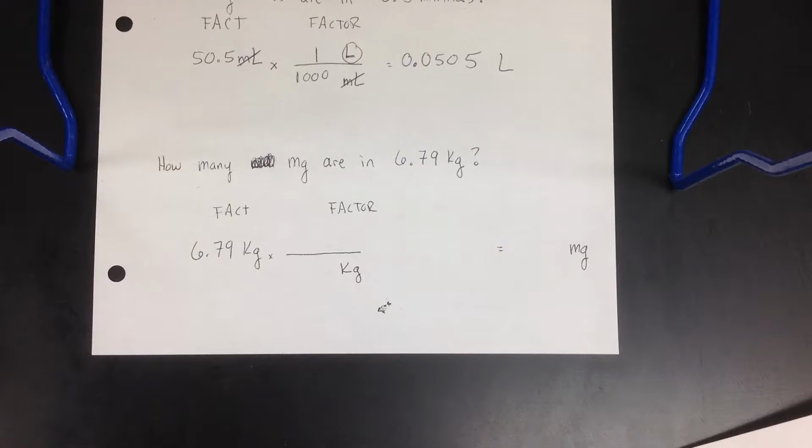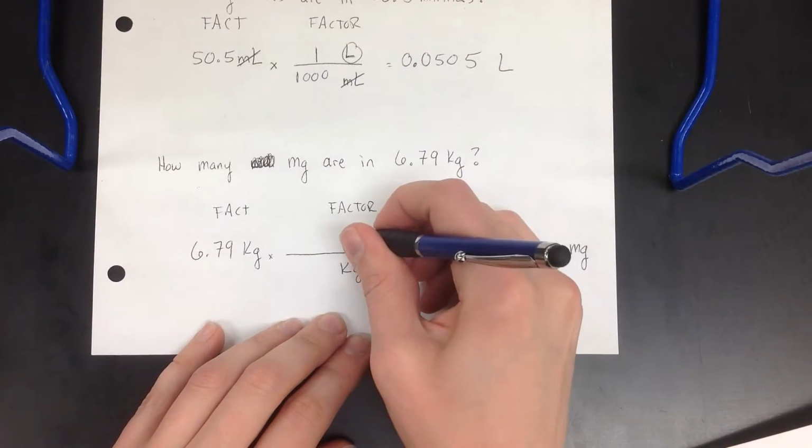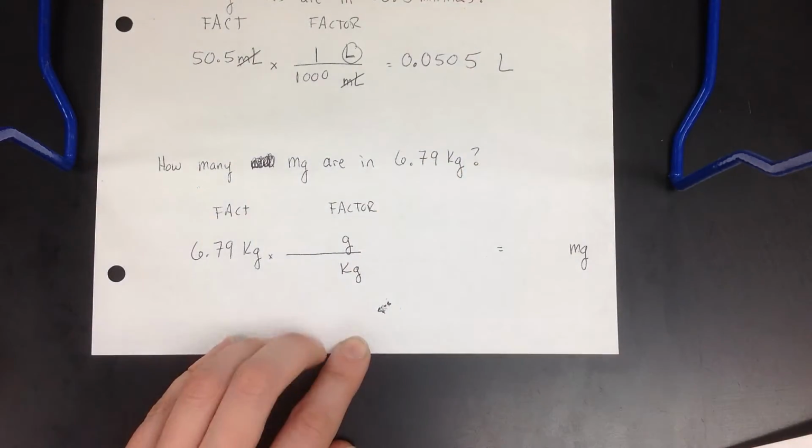So I have to go through my base unit. I have to convert my kilograms into my base unit. And then I have to do another step where I can convert my base unit into the unit I'm trying to find. So my kilograms can go to my base unit.